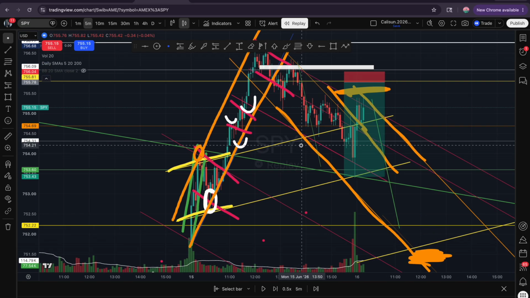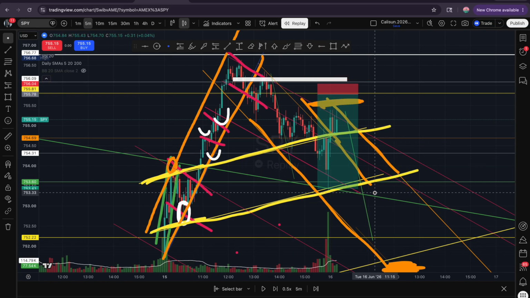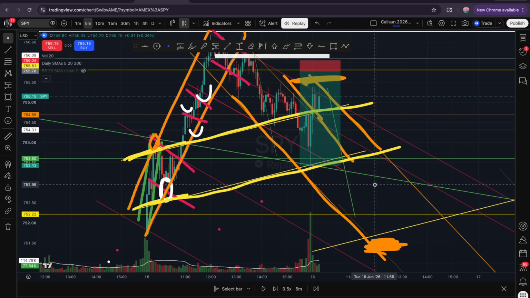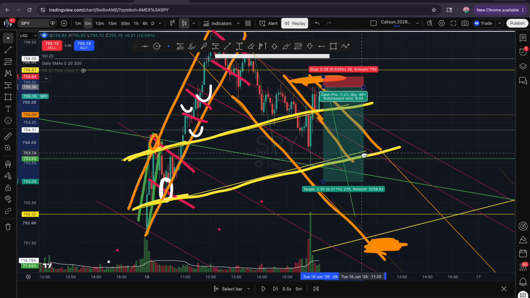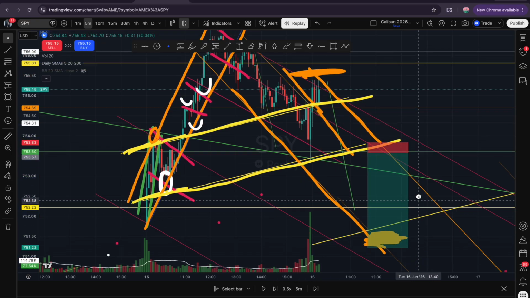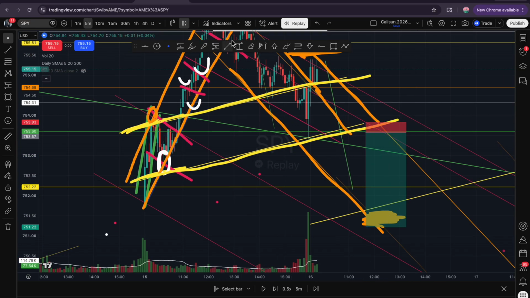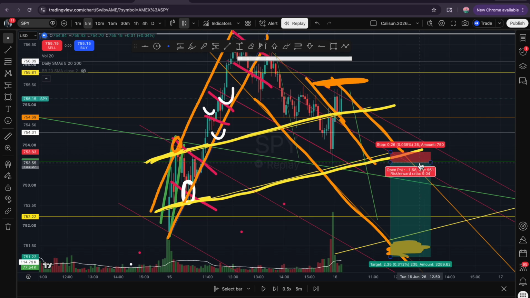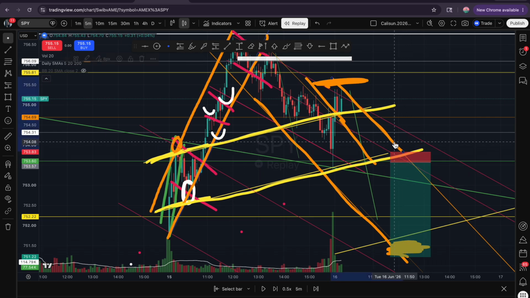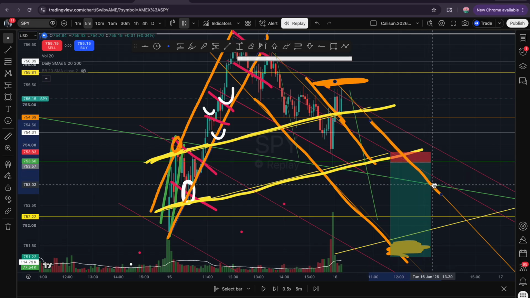We could even see with us grabbing this liquidity right here in this yellow algorithm, we'll be looking for a head and shoulders pattern for us to grab this right shoulder liquidity on the breakout of this yellow algorithm, giving us a nice risk to reward metric on the breakout of the yellow algorithm to the downside, because this is the resistance of the orange selling channel right here.